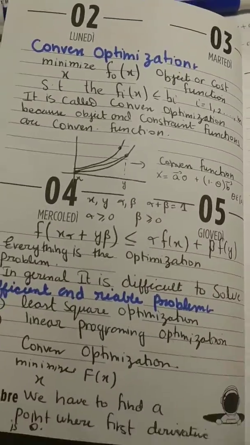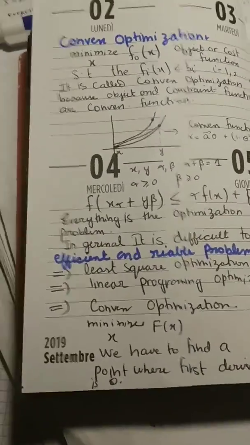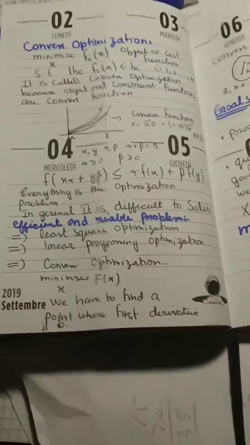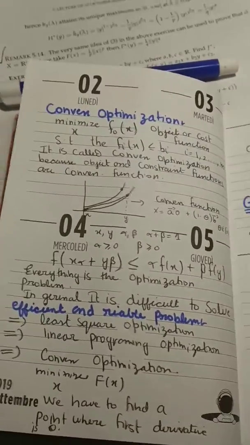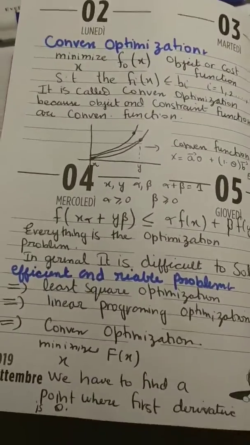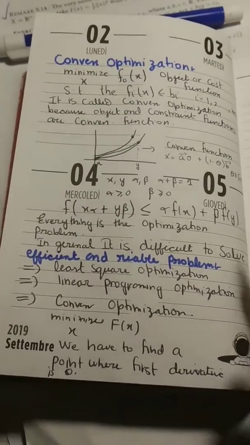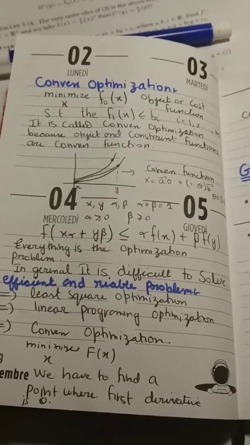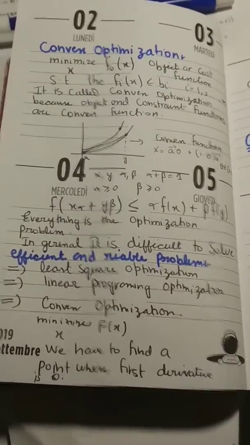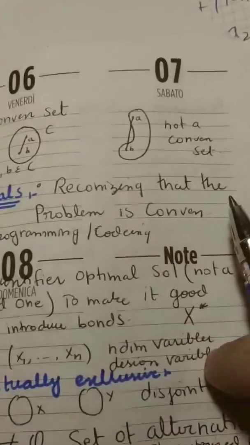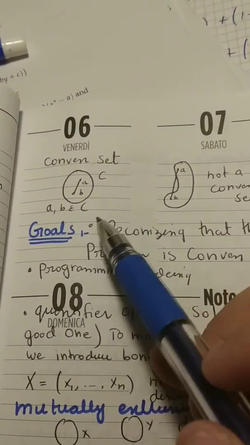You use it usually in calculus. In our previous courses you have studied critical points, maximizer, minimizer, and how to find whether a function is increasing or decreasing. So now I will tell you what is a convex set.